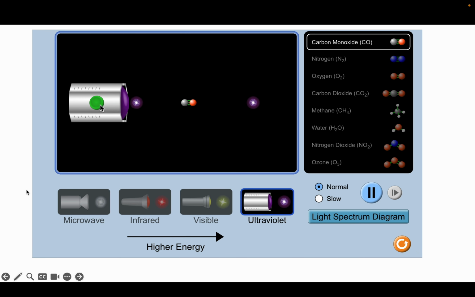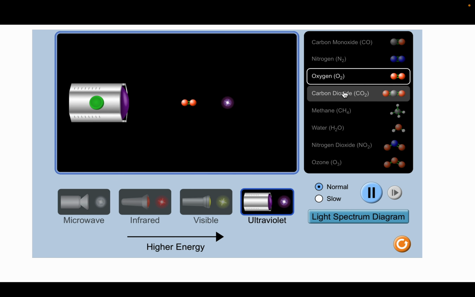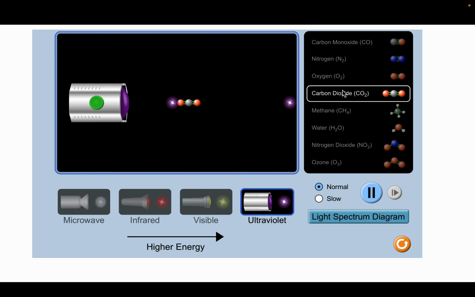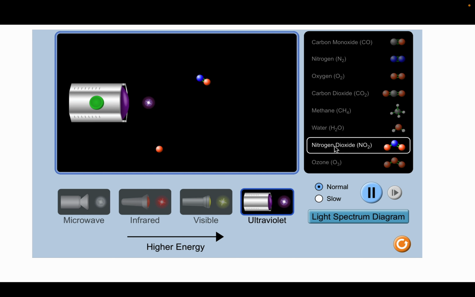Same thing. Is there a response? And what happens? Nothing for carbon monoxide. No for nitrogen. No for oxygen. Carbon dioxide. Methane. Water. Nitrogen dioxide.